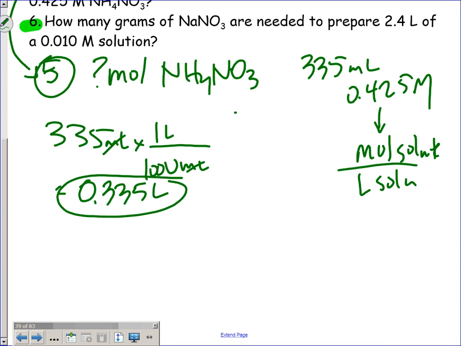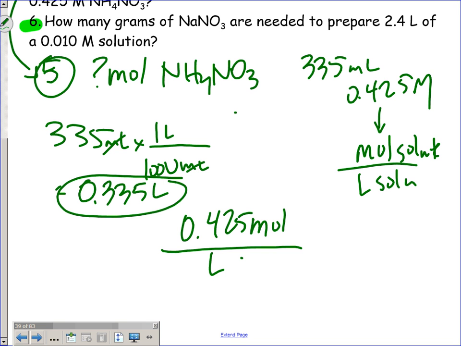Since we already got M, say M equals X. So you're going to set up a proportion. I'll set up a proportion for now, but I want you guys to be comfortable doing it 2 ways. So the proportion is 0.425 molarity, right? But that's moles per liter.